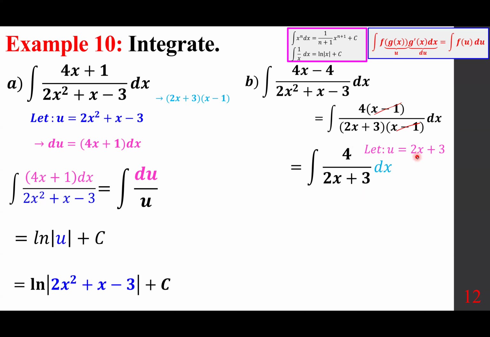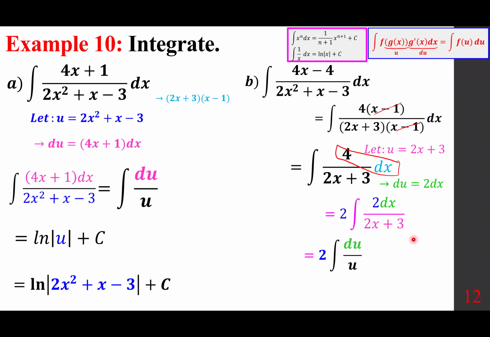Its derivative is 2, therefore du is 2 dx. The numerator is 4dx, which is 2 times 2dx. I want you to notice that. 2 times 2dx. So there is, again, du over u, which means this part is a natural log.